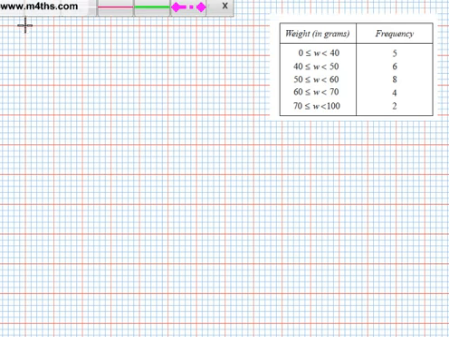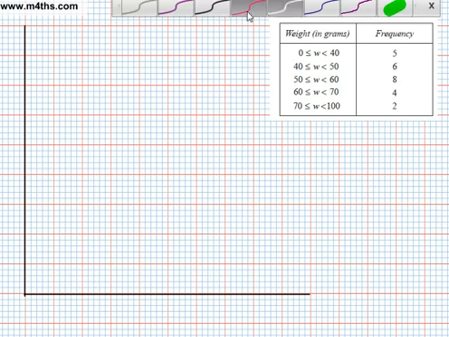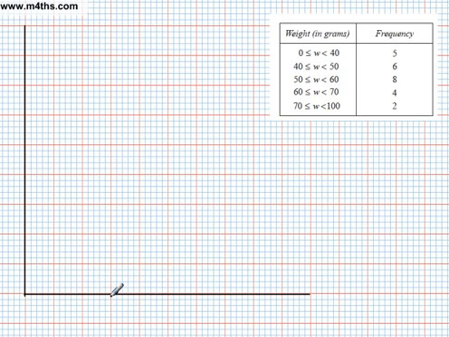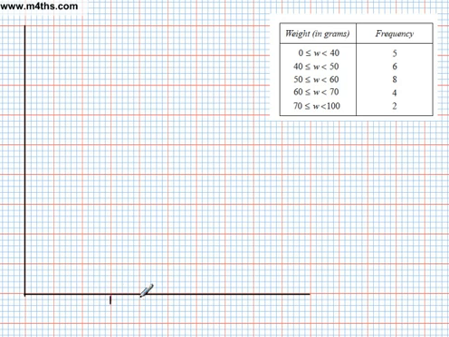So along the y-axis we always have our frequency density, and along the bottom we have our classes. I'm going to do 0 to 40, so that's going to be just here. I'll change the pen so you can see that a little better. Here's going to be 0 to 40. Here will be 40 to 50.